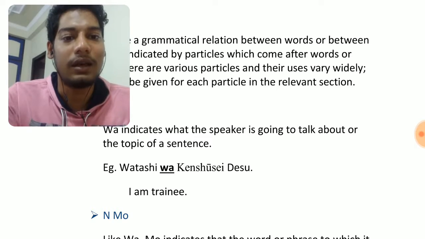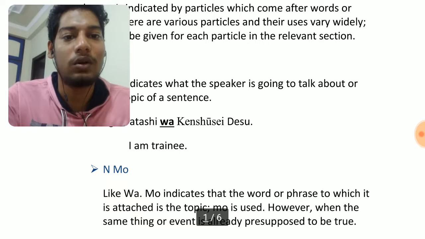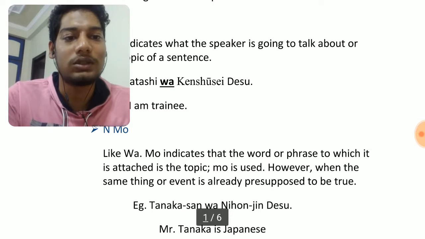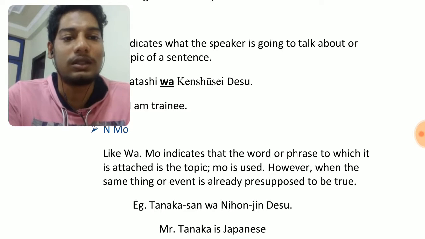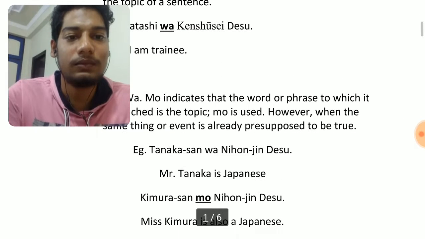Next, noun mo. Like wa, mo is also a particle which comes after a word or phrase. Mo tells us it is "also". Like, I am a trainee. If I am talking to someone else and I am asking, are you also a trainee? So let's see how to say it.